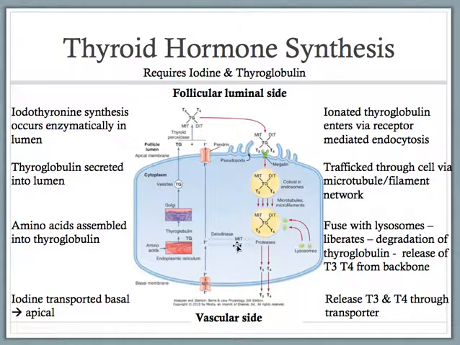So what you'll see is through a typical process using the normal pieces of the cell that we always use to make things like proteins, we will be creating this really large pro-hormone called thyroglobulin. So this lumen is going to be where we have the synthesis created.